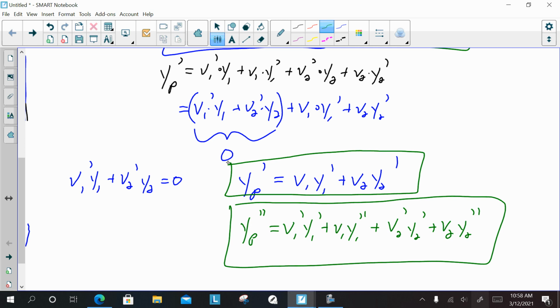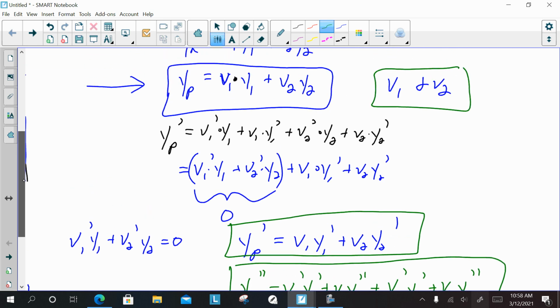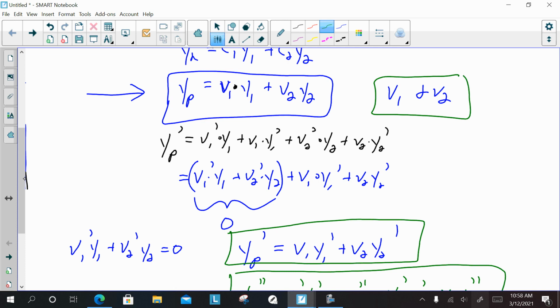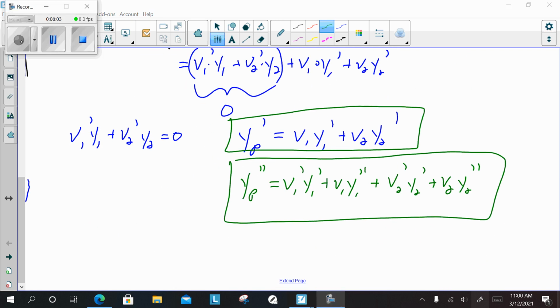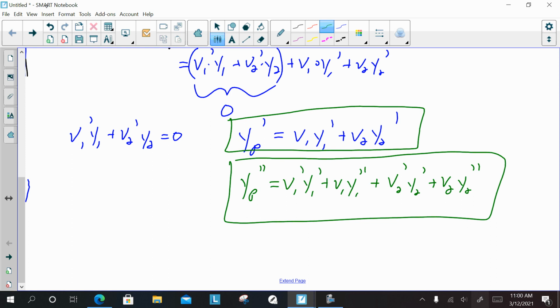So we can substitute these two along with our arbitrary function here into our differential equation. So let's take these and substitute into our differential equation. So we have A times this one.